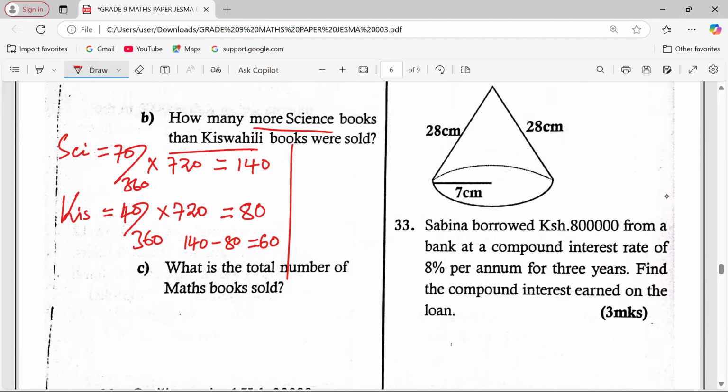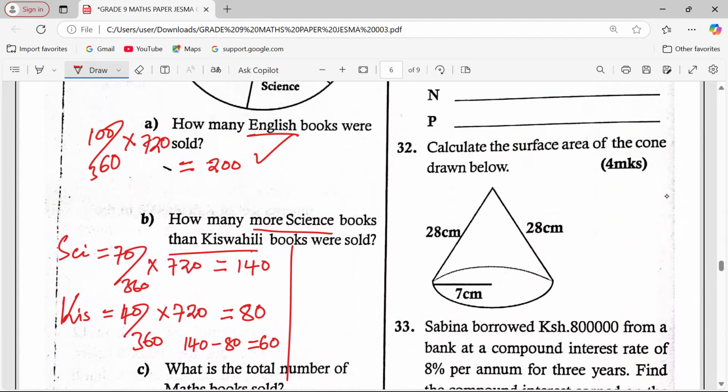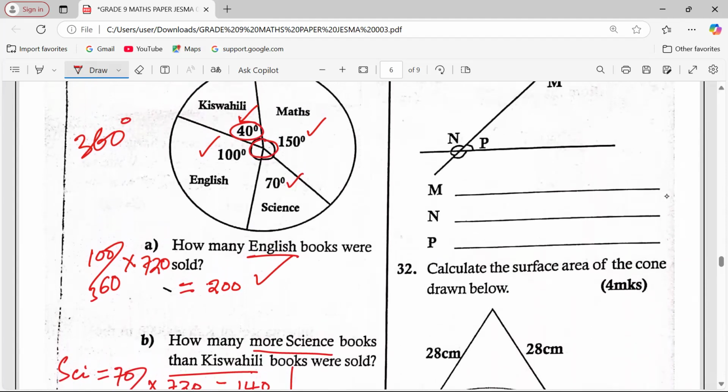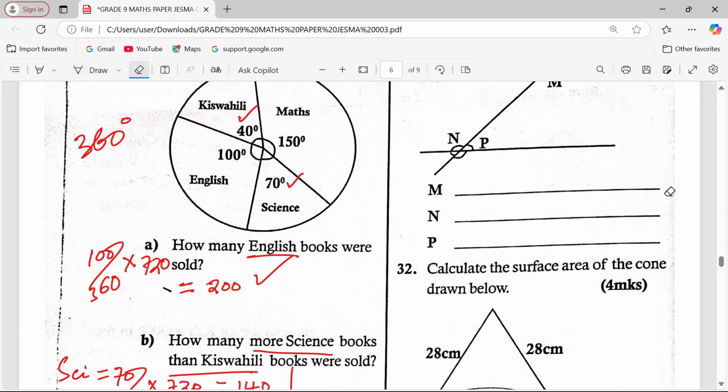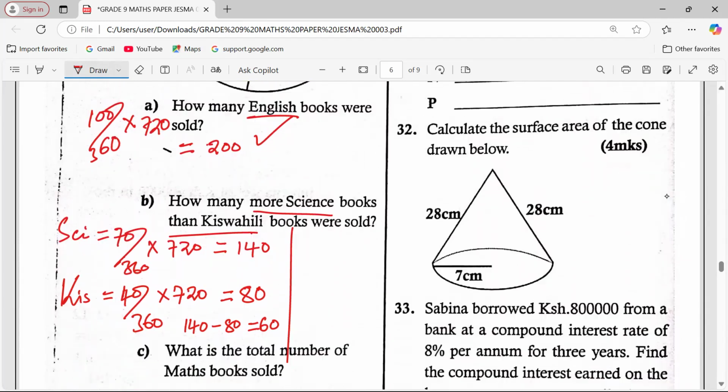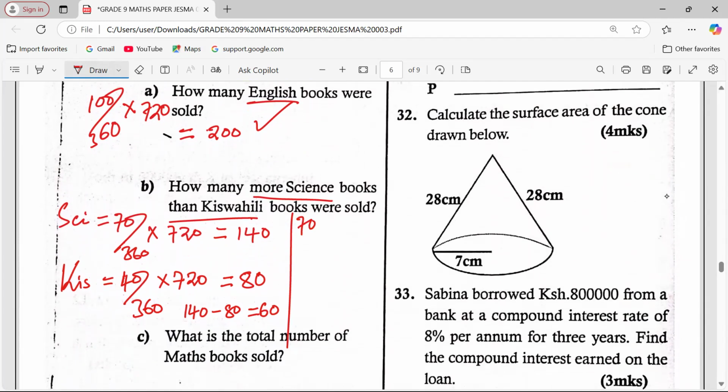Just directly 60 books. Alternatively, we can even check the difference in the proportions. When we compare Kiswahili and science, science is 70 degrees, Kiswahili is 40 degrees. So the difference between 70 and 40 is 30 degrees.